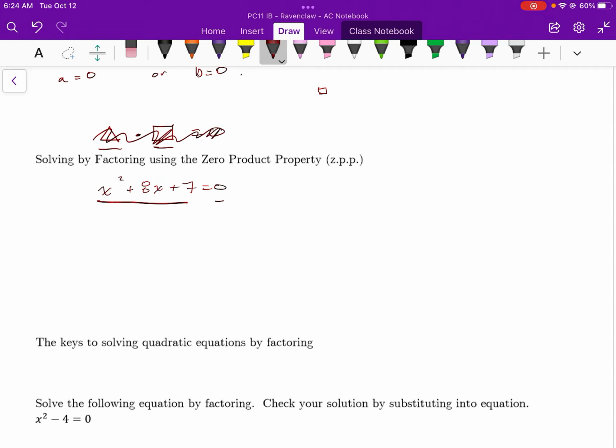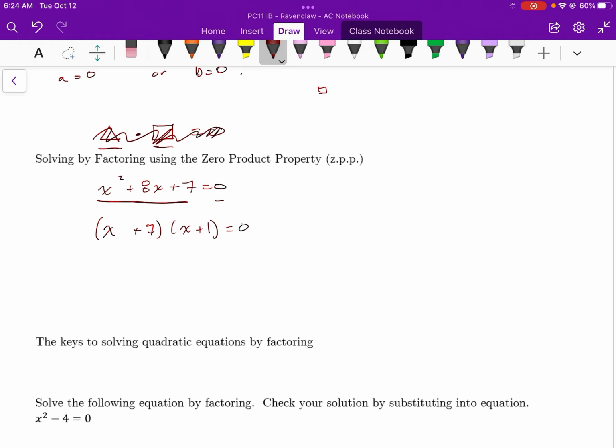We take a look at the left-hand side, we ask ourselves, is that factorable? The coefficient in front of x squared is 1, so I'm going to try the product-sum rule. What two numbers multiply to 7 but add to 8? 1 and 7. So the above trinomial is easily factored.